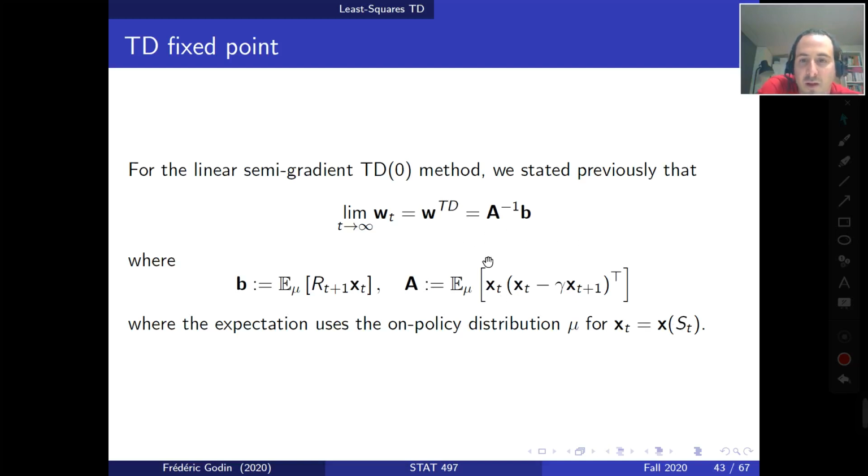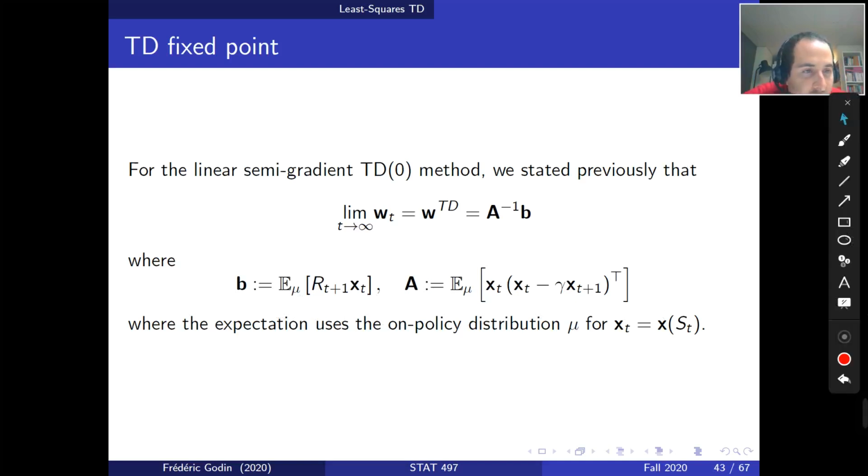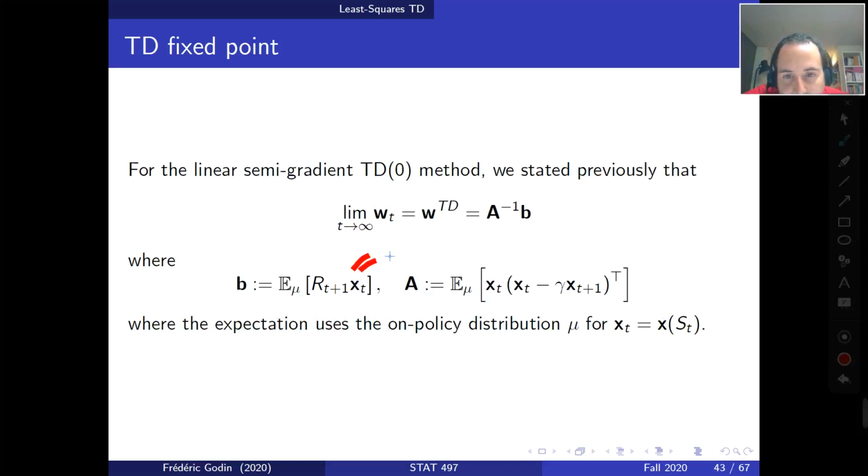Here the expectation over mu entails that the states... we don't see the states explicitly, but recall that xt was the set of features evaluated in state st. And here st is distributed according to the on-policy distribution, which is the long-term frequency of time spent in each of the respective states.